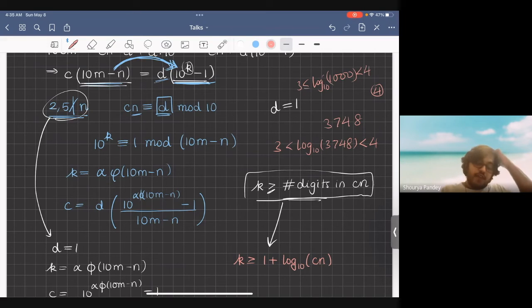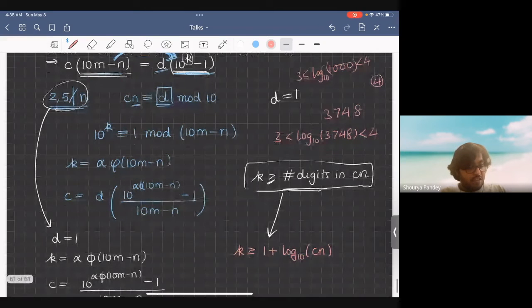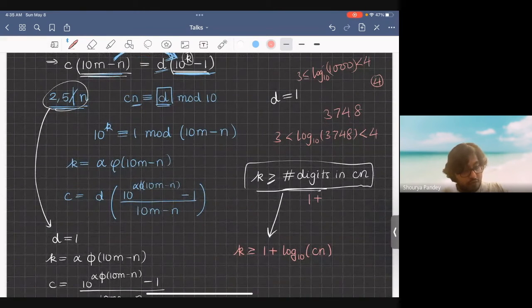So the way to find the number of digits is to add 1 and take the floor. So the number of digits is 1 plus floor of log base 10 of Cn. So it suffices to prove that this is true, right?